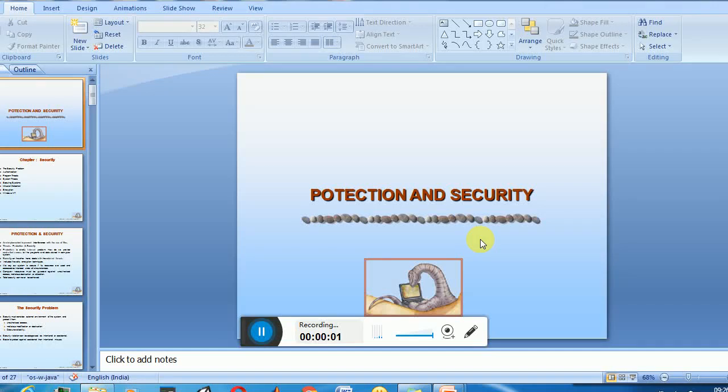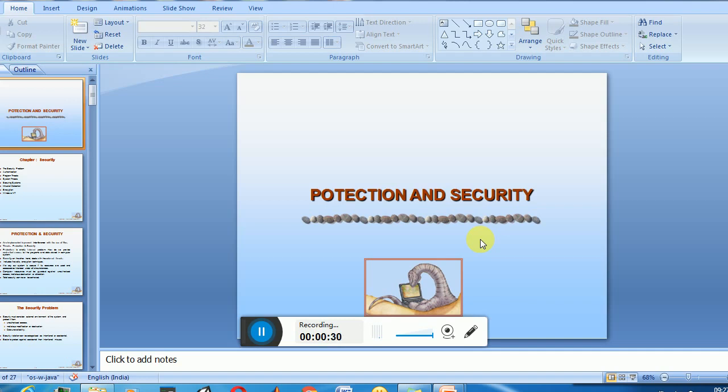Good morning, students. Today we are starting with another chapter, that is protection and security. If we talk about security, what is basically security? Security is to secure something, device, network, or we can say to protect something against unauthorized access, attackers, or hazards.